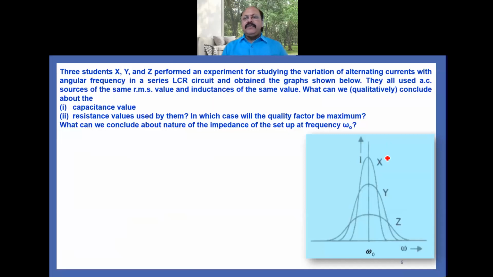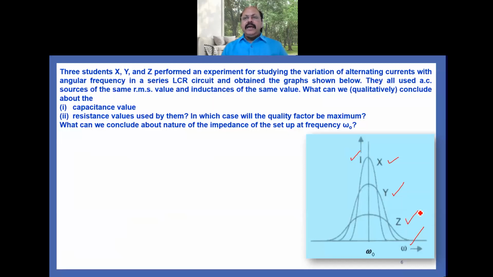So here this graph is between the current and angular frequency, and the experiment was performed by 3 students, and their graphs are shown here. For student X, the graph is this, for Y and then for Z. So respectively the graphs are shown here in the diagram.